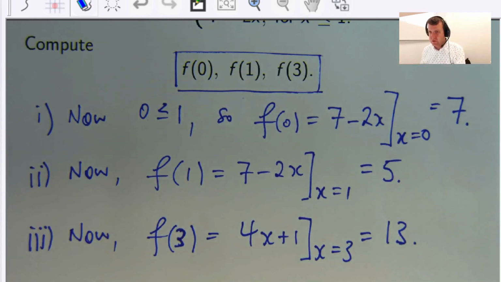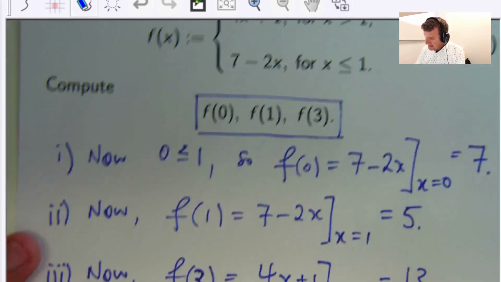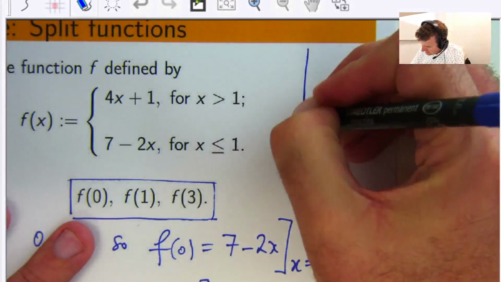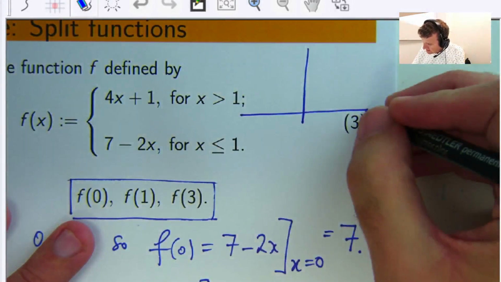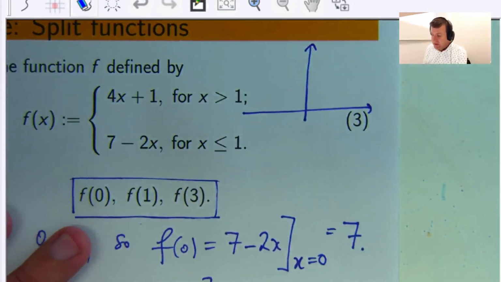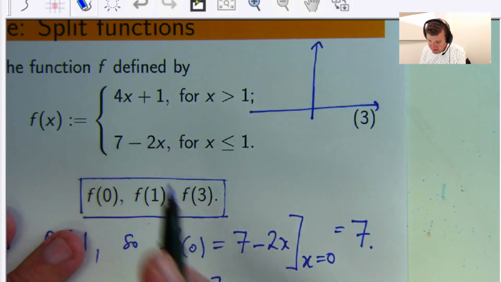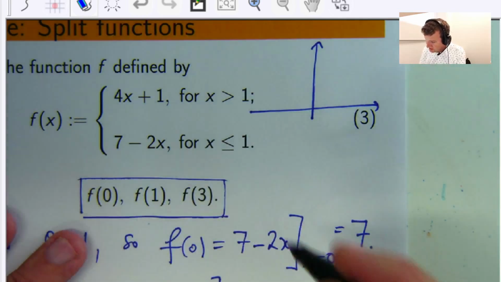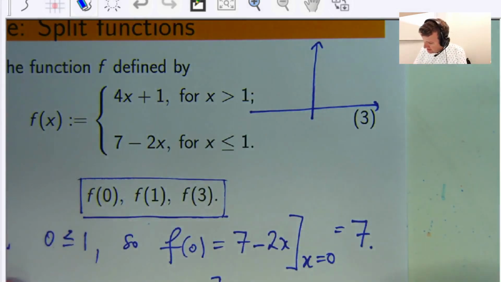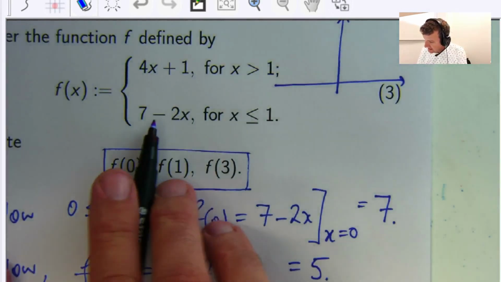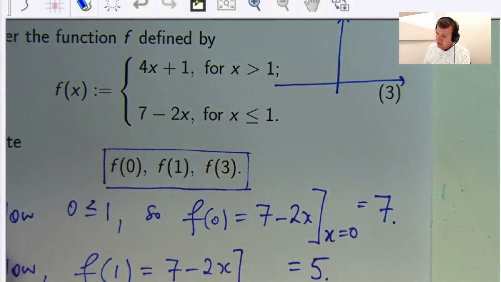Now, you can also draw graphs. Let me draw a quick graph here. This isn't to scale, this is just a rough sketch. For x less than or equal to 1, we've got the graph 7 minus 2x. We worked out that f of 1 was 5, and the y-intercept is going to be 7.